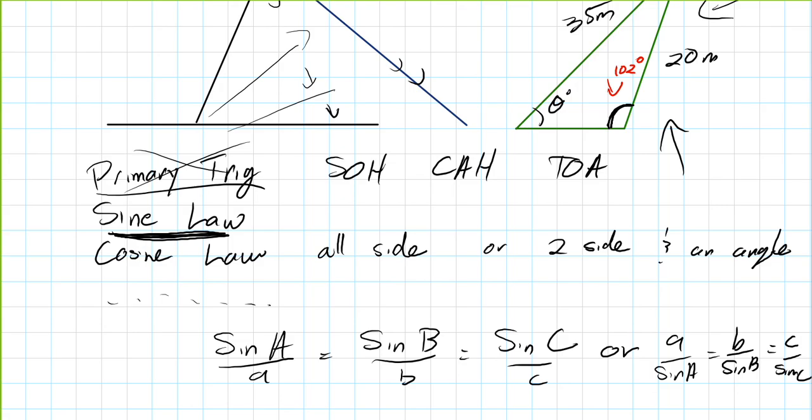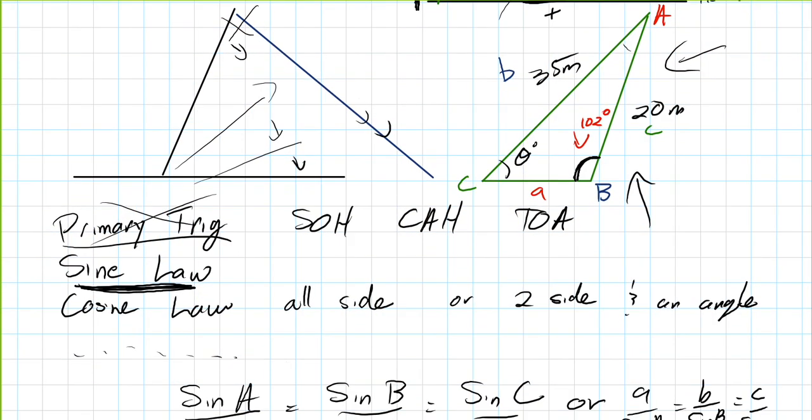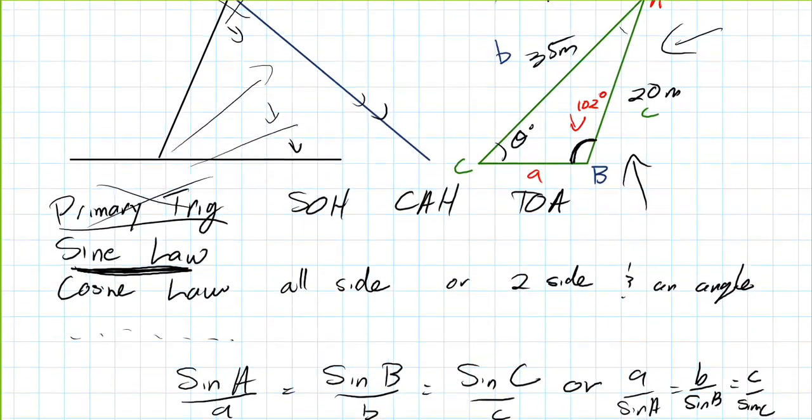What's good here is if we go ahead and name this triangle, let's give it some letters. We'll call this A. If that's angle A, that means this is side A. We use the opposite here. This is angle B, that would be side B, which would make this angle C, this becomes side C. So with that information, angle A is unknown, and side A is unknown.